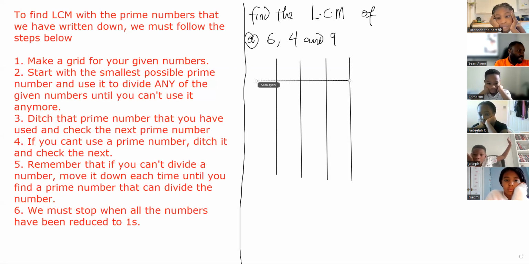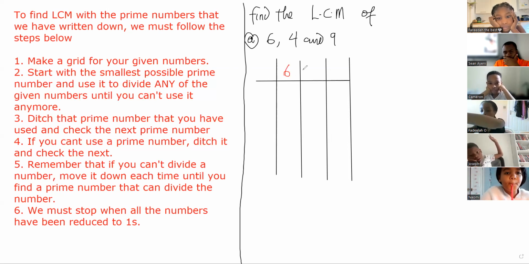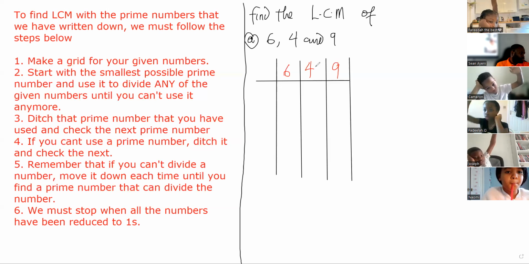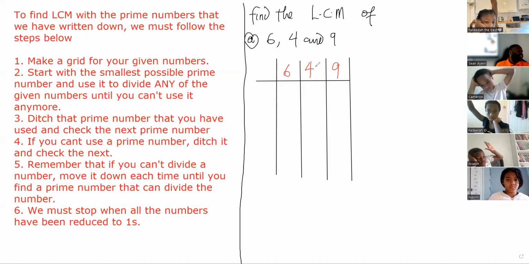Good. So what are we going to do? We'll put 6 in the first what? In the first column. We put 4 in the second what? Column. And we put 9 in the what? The third column. Raise up your hand if you understand what we've done so far.